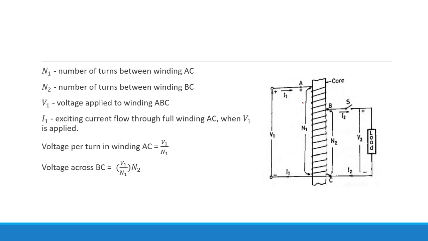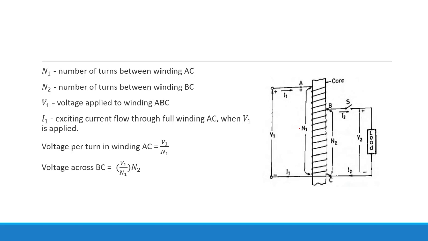So what would be the value of voltage per turn if you are interested to determine between A and C? That will be given by this applied voltage divided by number of turns. Voltage per turn, voltage divided by total number of turns.